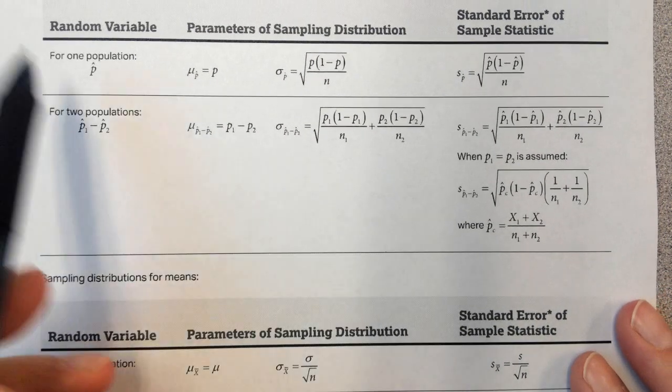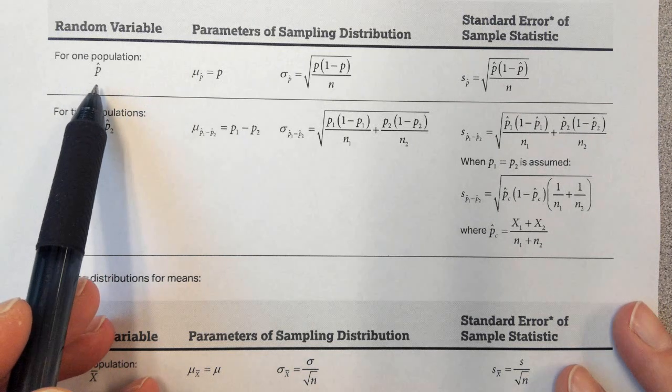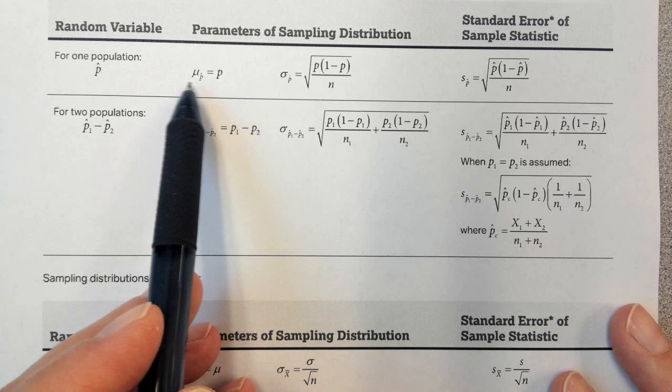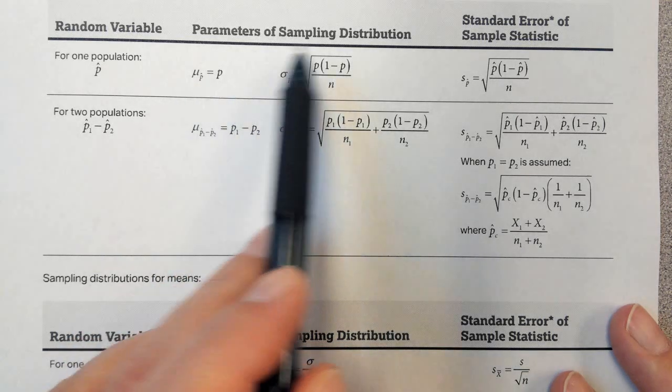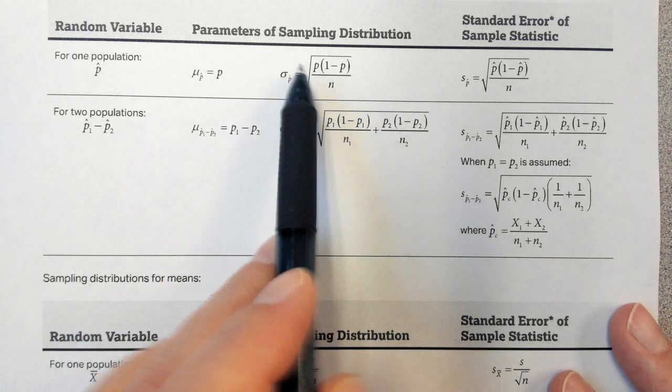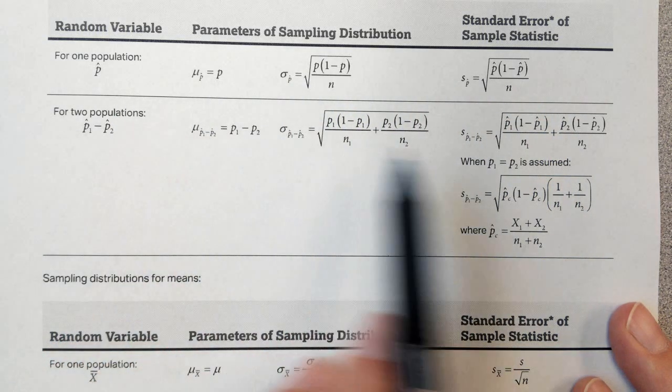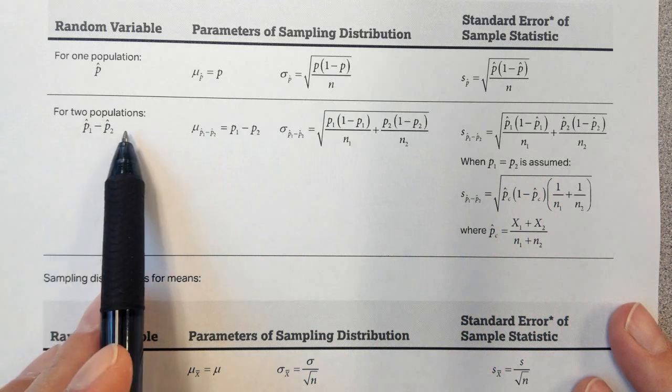So you'll notice right under, for 1 population, p hat is your random variable, that's your statistic. The mean and standard deviation of your sampling distribution, your normal model, are here with the standard error, and then you have matching things right under it for two populations.